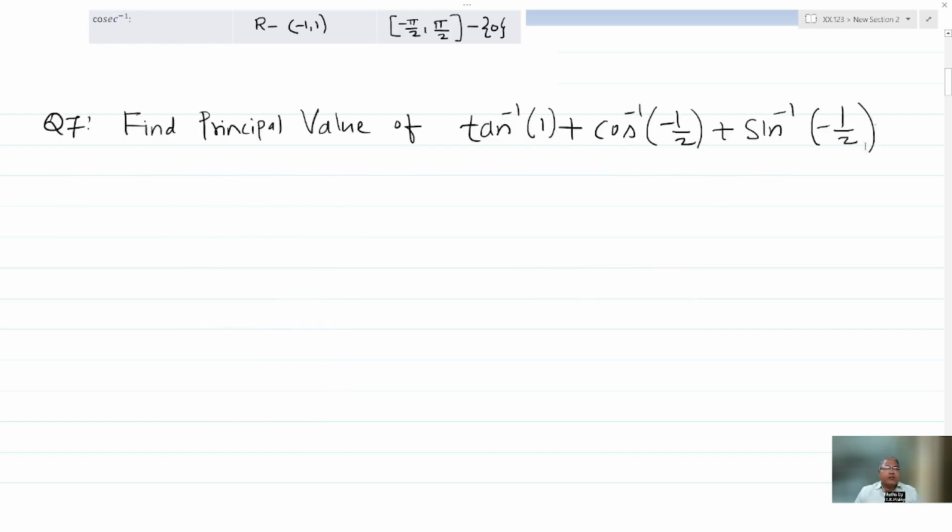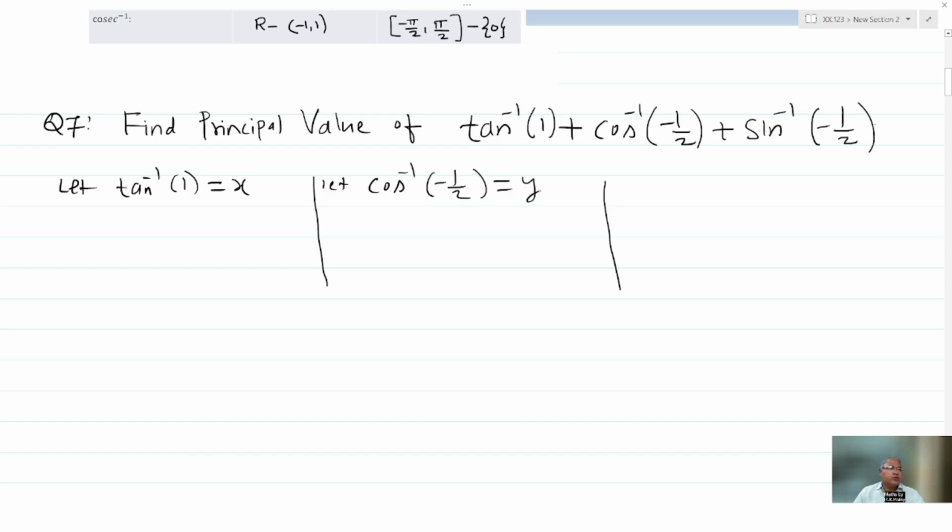Example number 7. Find the principal value of tan inverse of 1 plus cos inverse of minus 1 by 2 plus sin inverse of minus 1 by 2. So we'll make three columns here. In the first column, we write: let tan inverse of 1 equal x. Second column, let cos inverse of minus 1 by 2 equal y.